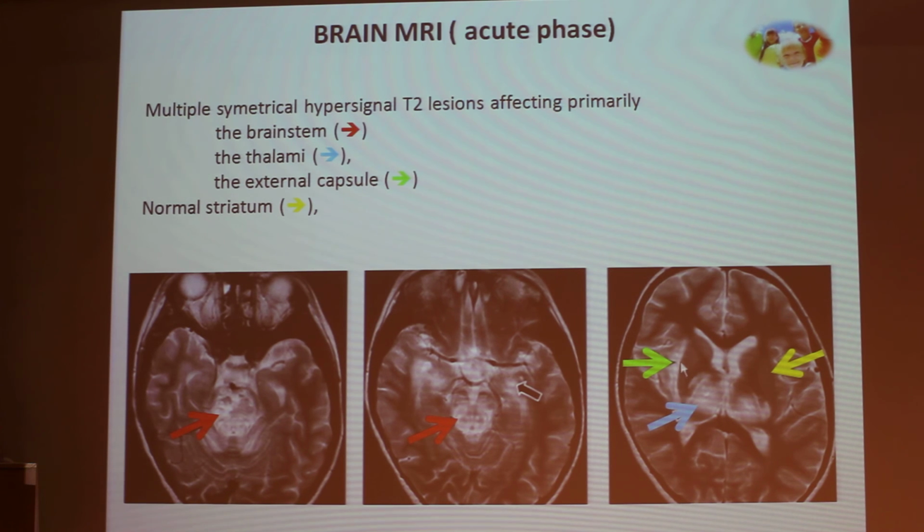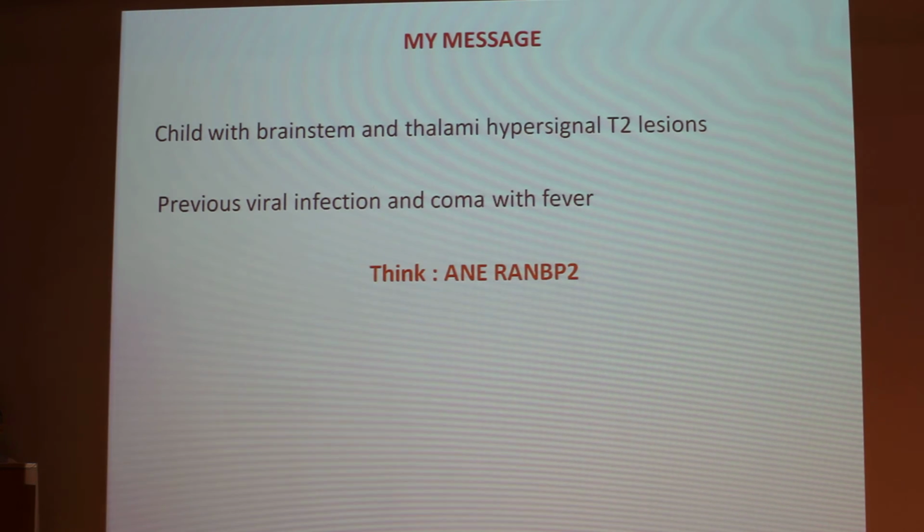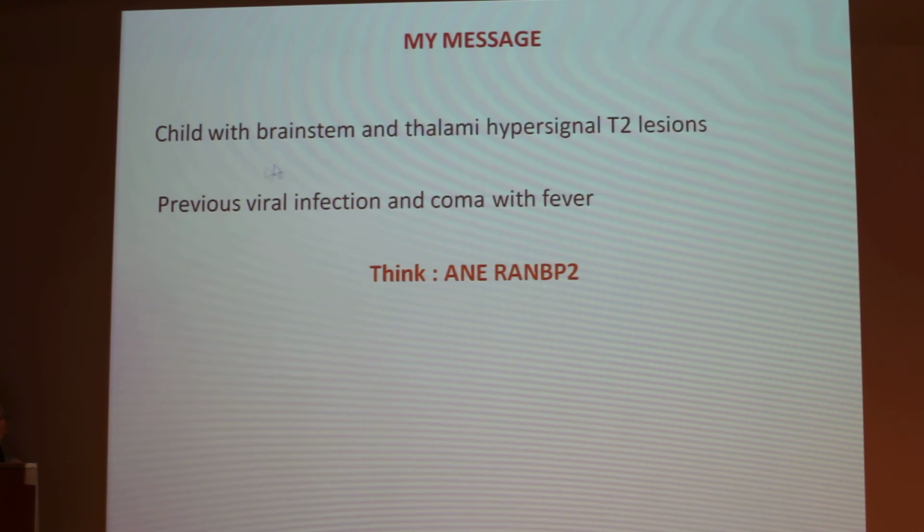Very important, the external capsule probably is pathognomonic. So, Françoise, my message: child with brainstem and thalamic hypersignal T2 lesions with previous viral infection and coma with fever, think acute necrotizing encephalopathy due to the mutation of RANBP2.